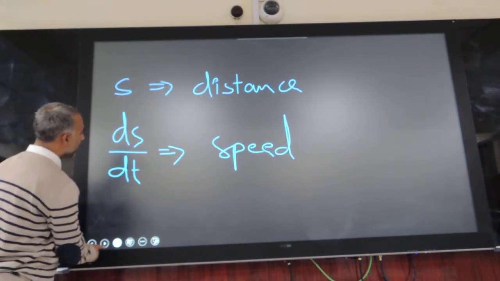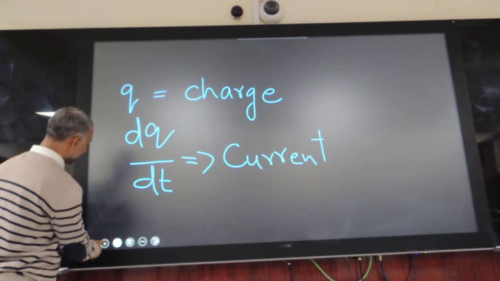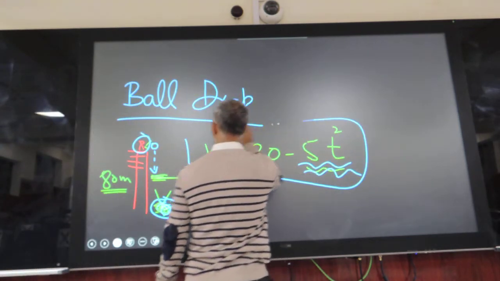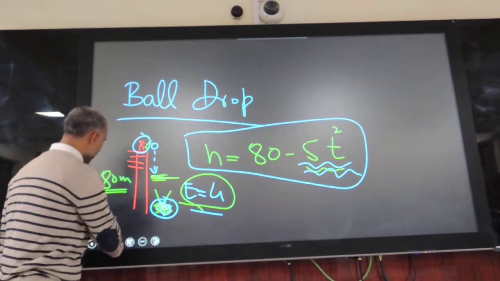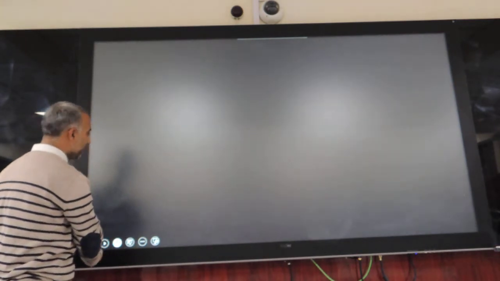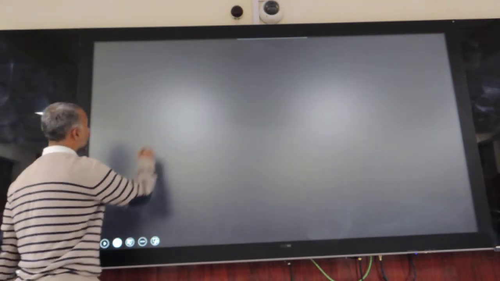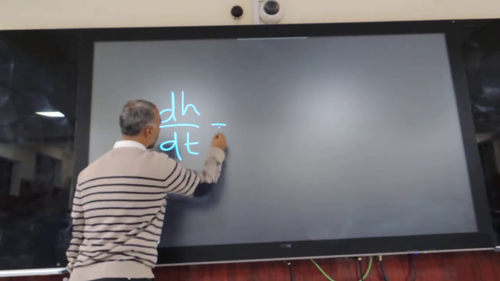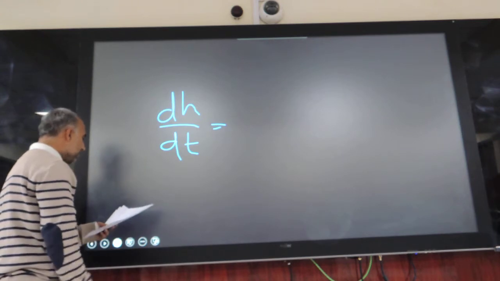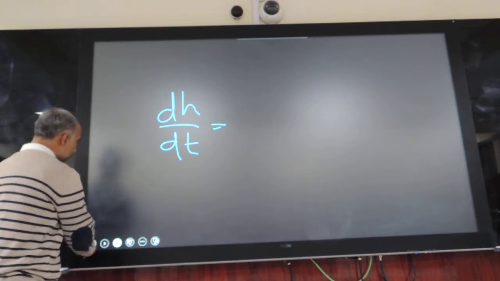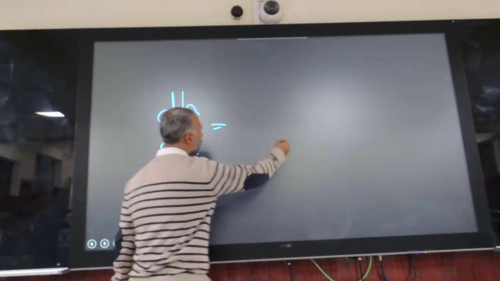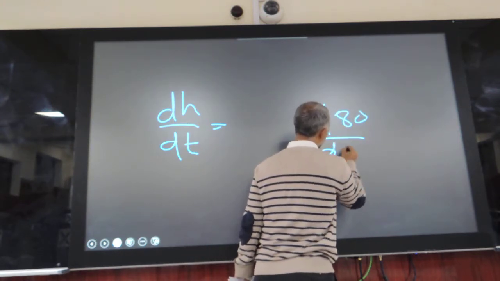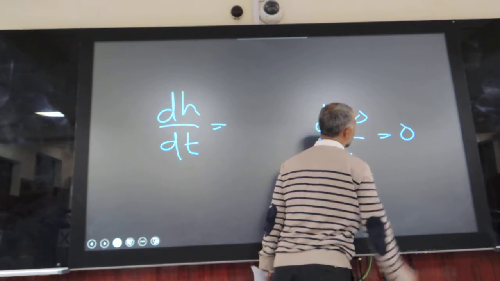Going back to the basic equation, we take the derivative of this equation, so we get dh over dt. The first term is a constant, 80 meters. If we take the derivative of a constant value, the answer is 0.